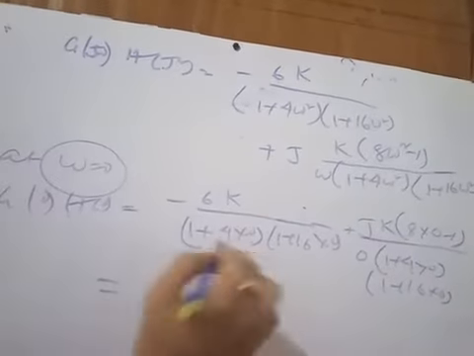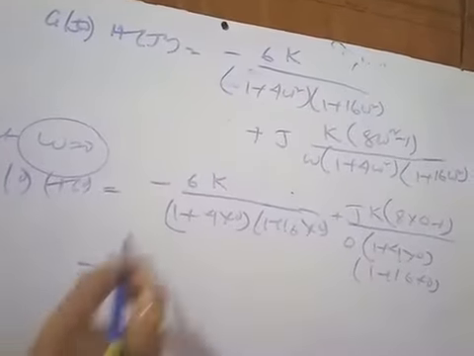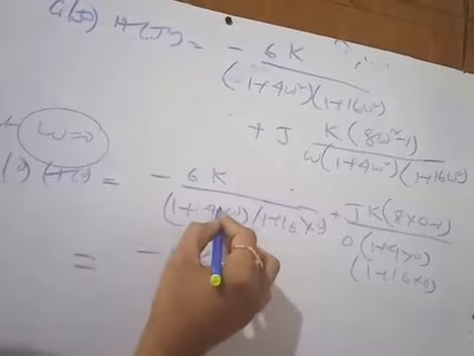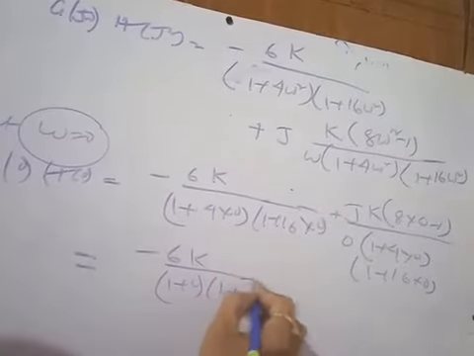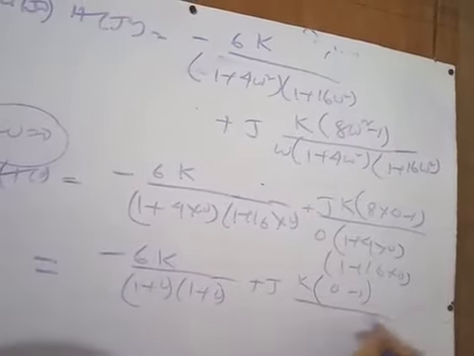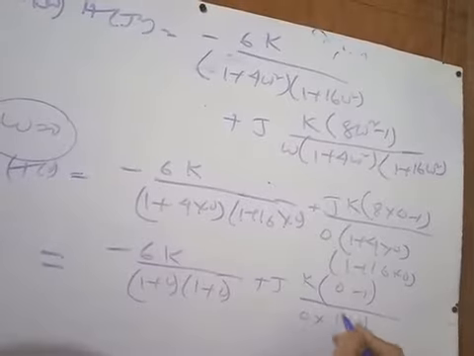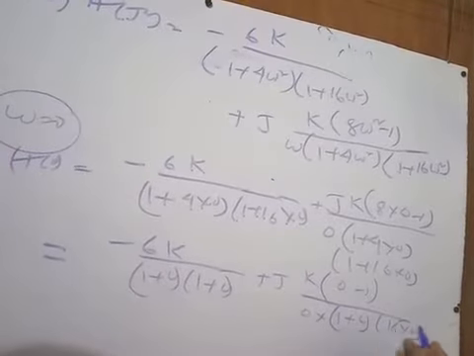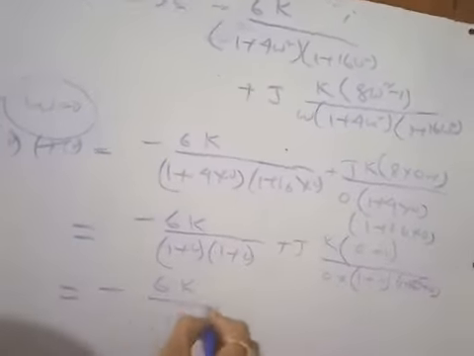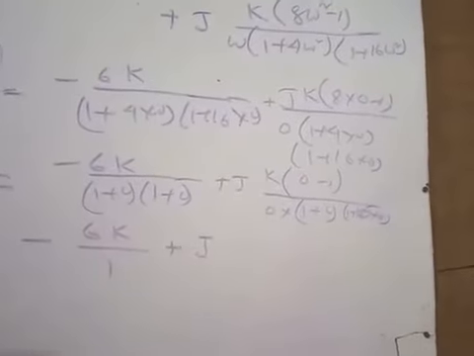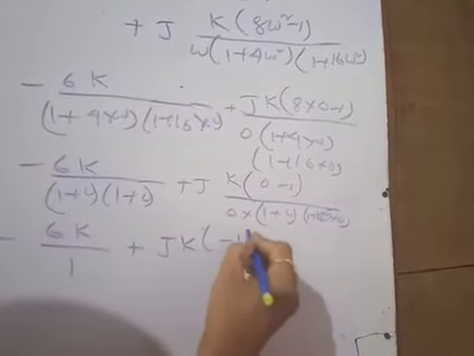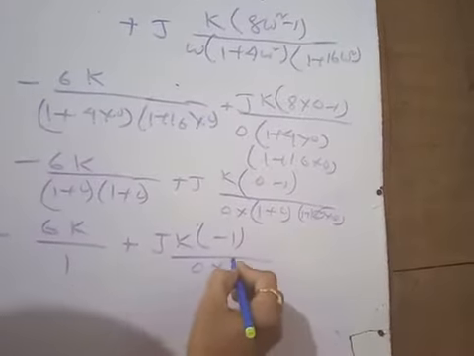So this is minus 6k divided by 1 plus 0 into 1 plus 0, plus j k into minus 1 divided by 0 into 1 into 1.